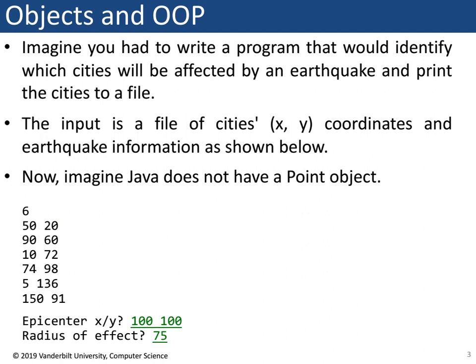And then you'll have to write some program to process those two arrays, calculate the distance from these XY values to the epicenter, and then process all of the individual elements of the arrays and figure out, okay, here are the cities that are going to be affected.